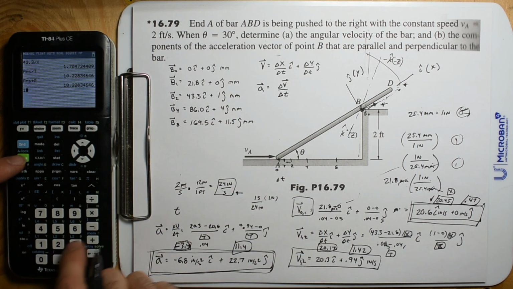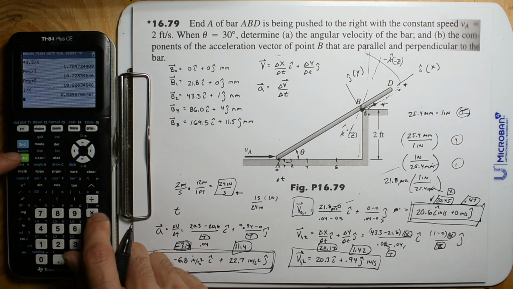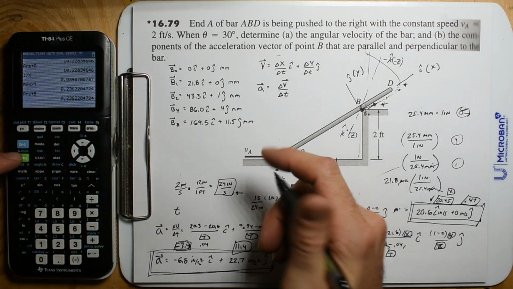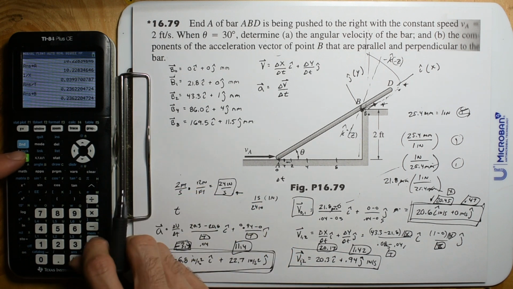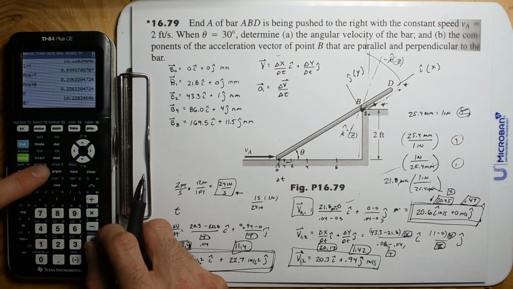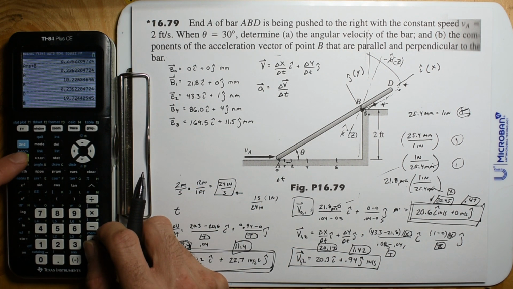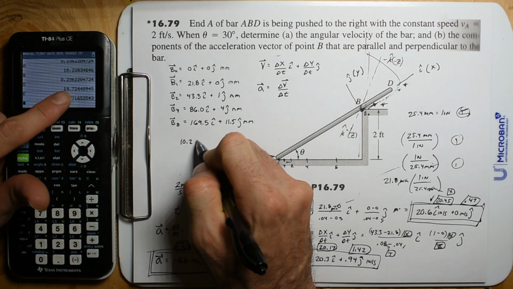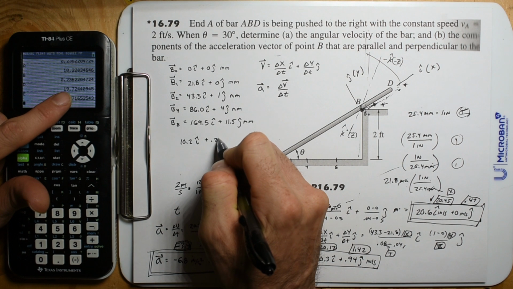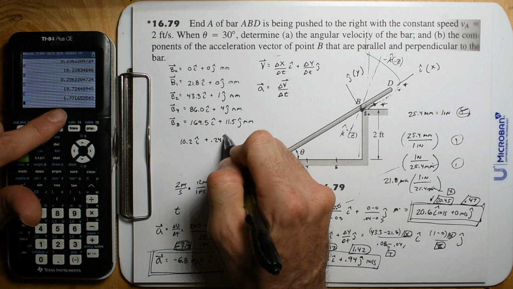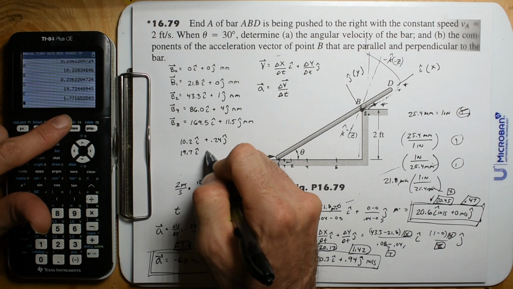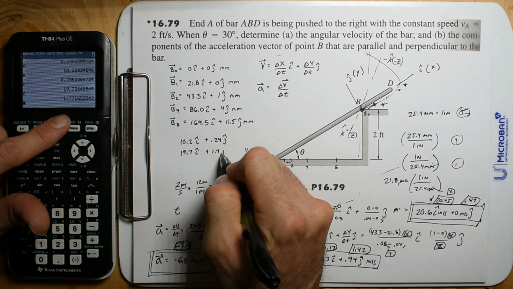This one's going to be 1 divided by x divided by alpha t, stored as alpha b. Okay, so now we have our two velocity components. We have our original alpha a and b, alpha d and e. So we're going to have 10.2 i plus 0.24 j, and we're going to have 19.7 i plus 1.7 j.